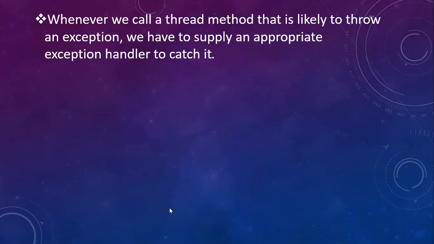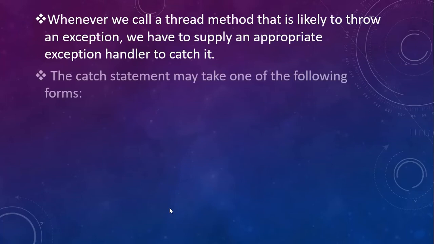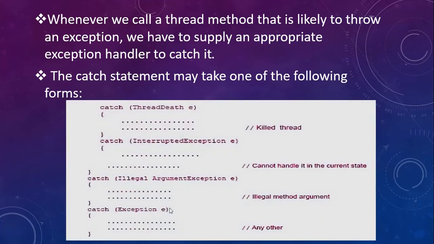Now, you must be wondering how many different types of exception handling mechanisms there are for these kinds of thread exceptions. The catch statement may take one of the following forms. There is a catch block where we can write ThreadDeath e. The ThreadDeath class is invoked in the catch statement when you are catching an exception where a particular thread is already killed.